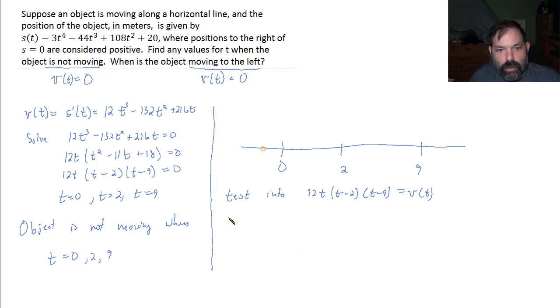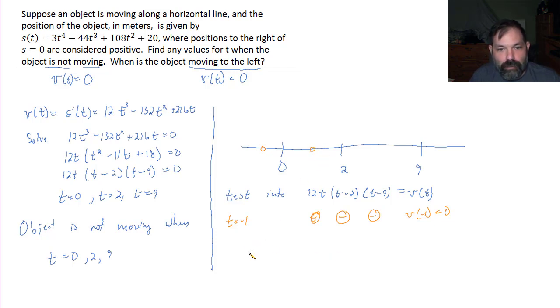If I test negative 1, let t equal negative 1. Then 12t would be negative. T minus 2, negative 1 minus 2, would be negative. Negative 1 minus 9 would be negative. Negative times a negative times a negative, so v of negative 1 would be negative.